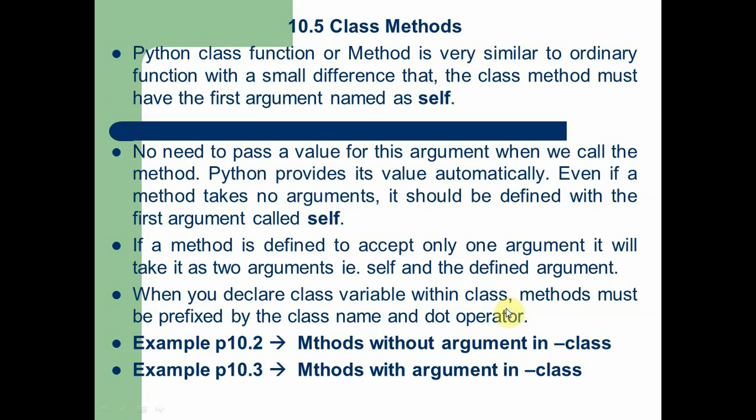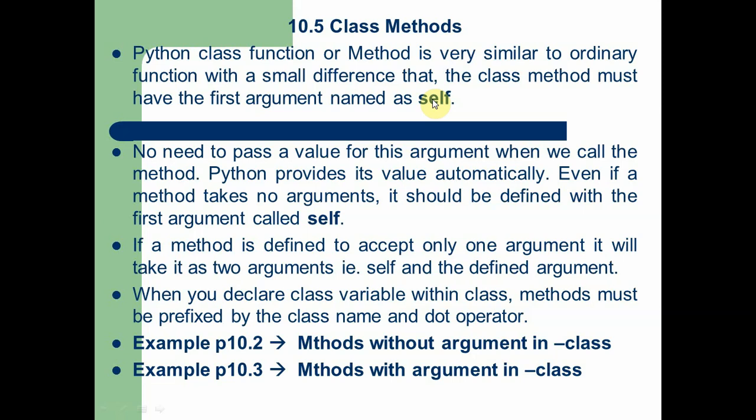But whenever we create a method, that is a function inside a class, we should give the first argument name as self. The word self should be mentioned within the parentheses of the function name because self is the first argument of a method, that is, a function declared inside the class. This is the only difference between a normal function and a method.